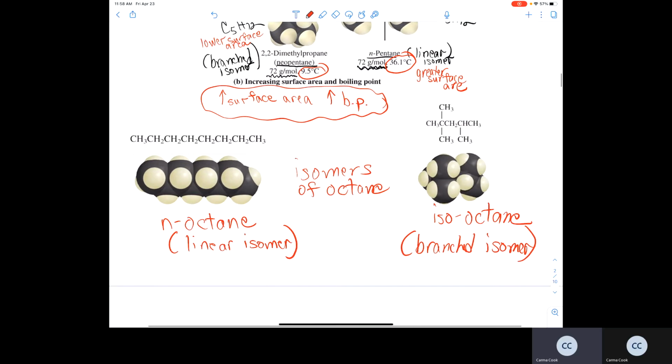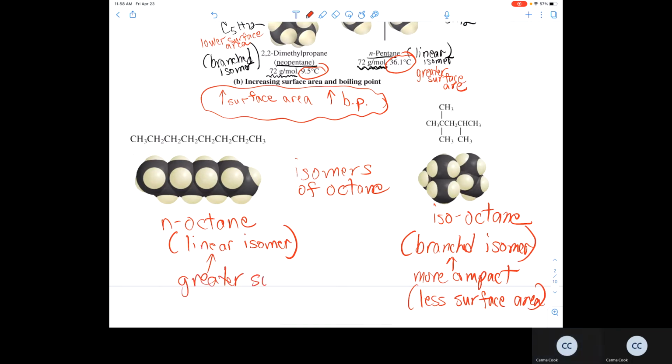The branched isomers are always going to be more compact, and so therefore less surface area. And so your linear isomer is always going to have greater surface area.